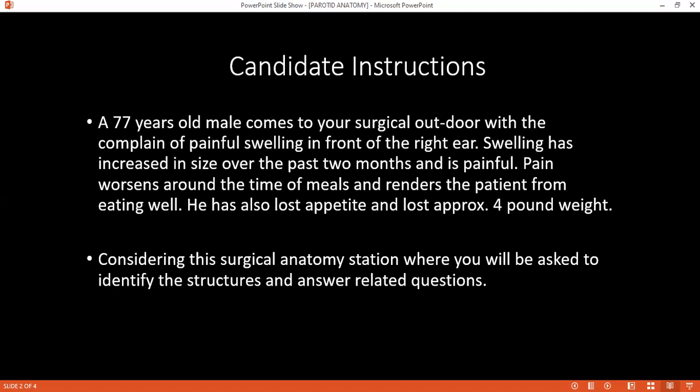Can you please elaborate on this auriculotemporal branch of the mandibular nerve? What type of fibers does it carry? It carries parasympathetic fibers, which are secretomotor in nature. What happens when this nerve is injured?